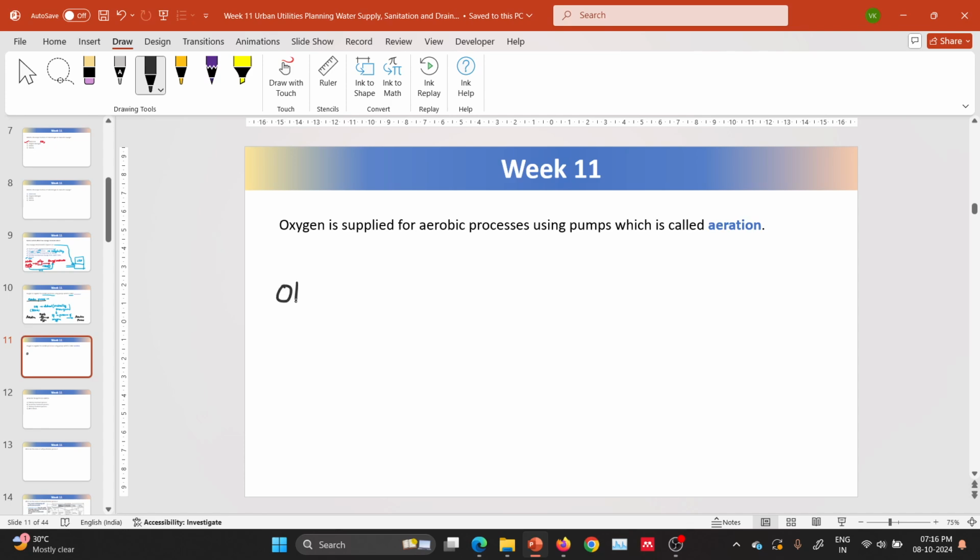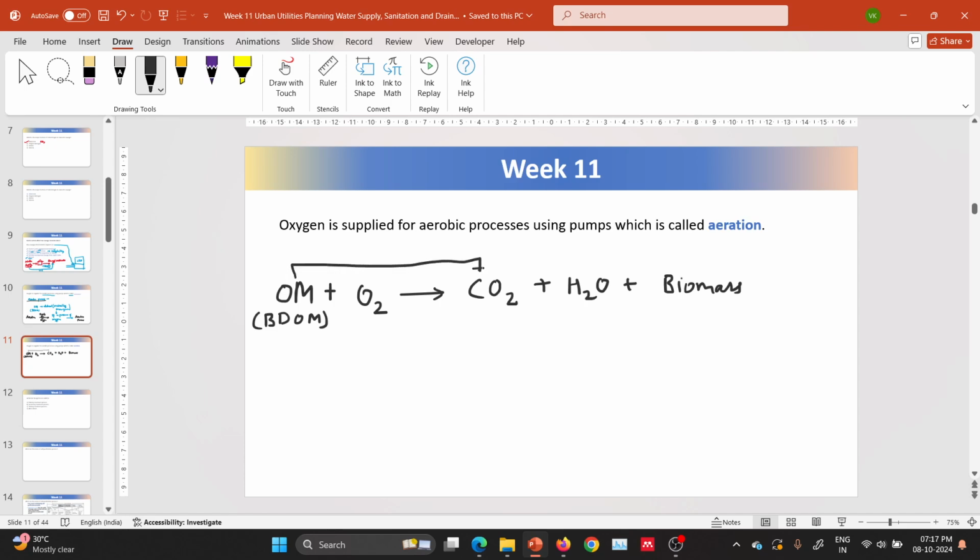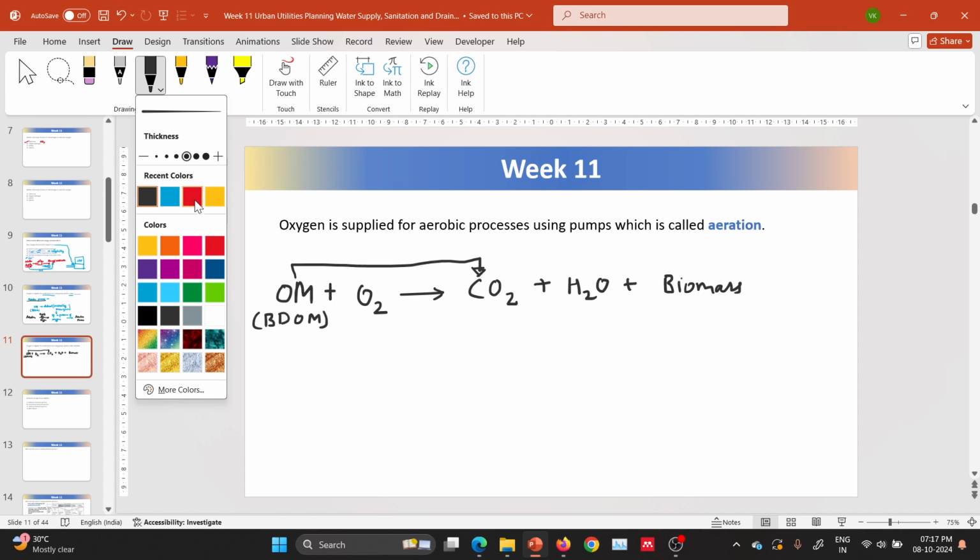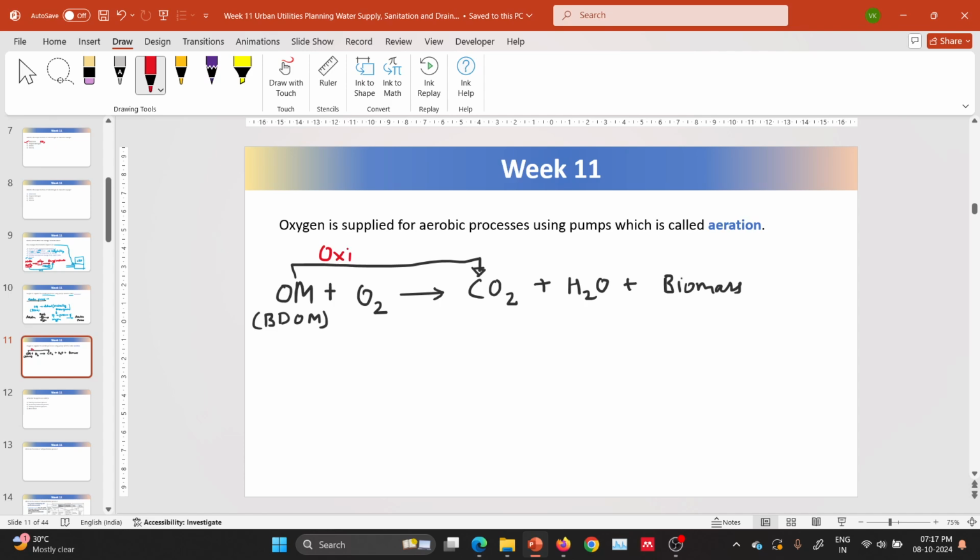We can say organic matter plus oxygen is getting oxidized to CO2 plus H2O plus biomass. The organic matter means biodegradable organic matter. This organic matter is getting oxidized. This is oxidation.